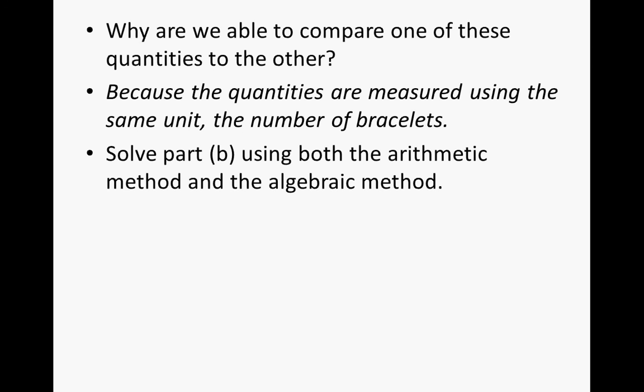So let's solve part B using both the arithmetic method and the algebraic method. So here's the arithmetic method. 32 is the whole, or 100% of the bracelets. And we're comparing that to the part, which is 22, or the quantity.